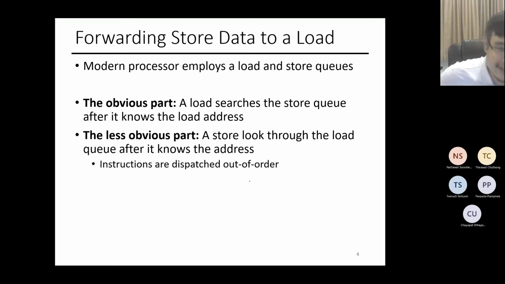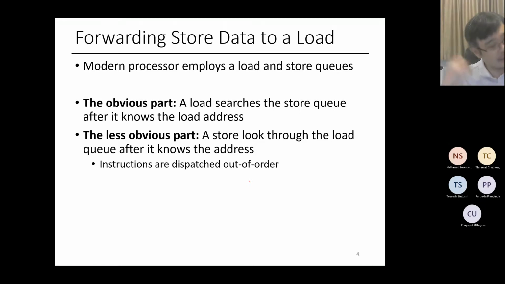The second, not so obvious part is when you have a store instruction. I have out of order execution, so my store, which is supposed to happen before the load, gets scheduled afterward because I don't know the address. Once I know the address, some future load is already in the scheduling window, right?